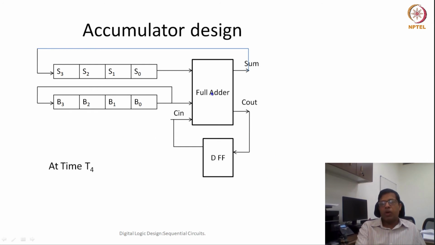Only one D flip flop and one full adder is able to design a complete 32-bit or any n-bit adder, which is quite a significant thing. So we are able to reduce the area to a very minimal number by using this kind of sequential design. We call this kind of adder a serial adder.